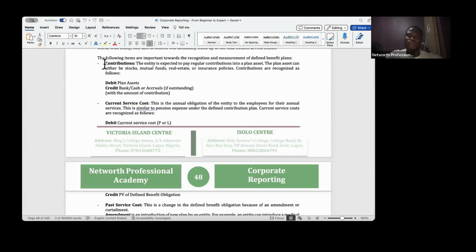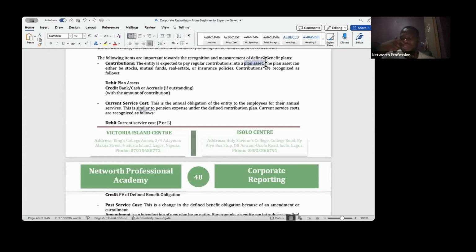Now, the first figure you find there is contribution. The actuary will have determined that, for you to achieve these benefits you said you want to give this employee, this is the amount you must be contributing periodically. And this contribution is done into a plan asset.